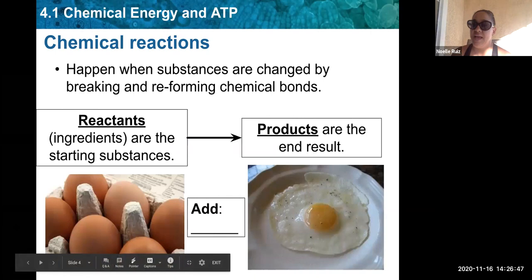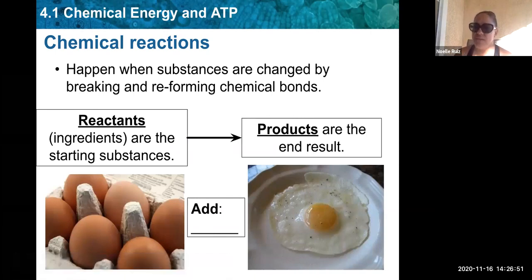Chemical reactions in the lab happen when substances are changed by breaking and reforming chemical bonds. But instead of calling them ingredients, we call them reactants. Those are the starting substances. And products are the end result.